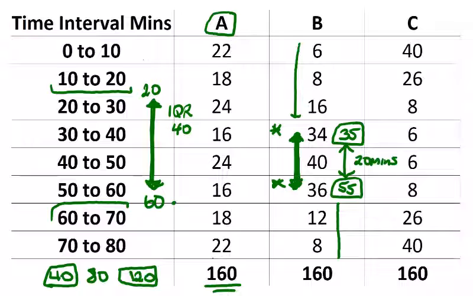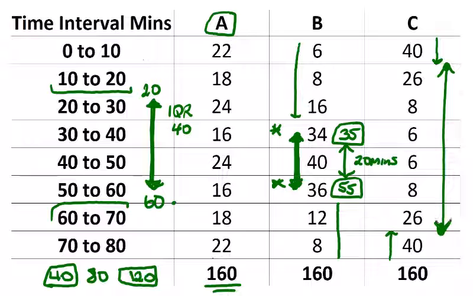And then for C, the data is grouped at either end. So to get to the 40th person, it's just here at the end of the first one. And to go up from the bottom and get to the 40th person, it's just the end of this one. So you can see that the length of this interquartile range is from here all the way up to here.